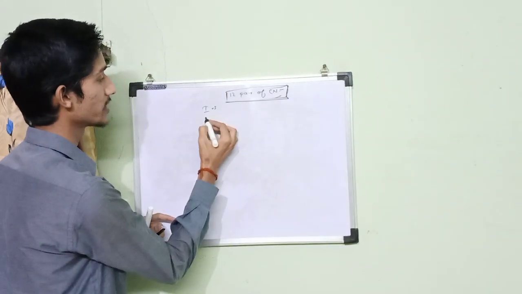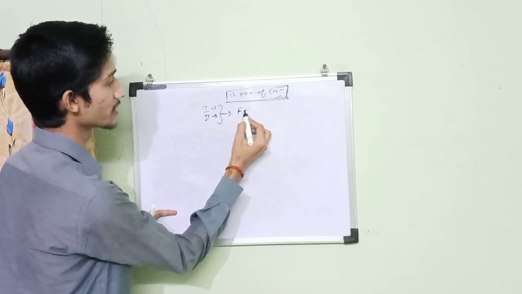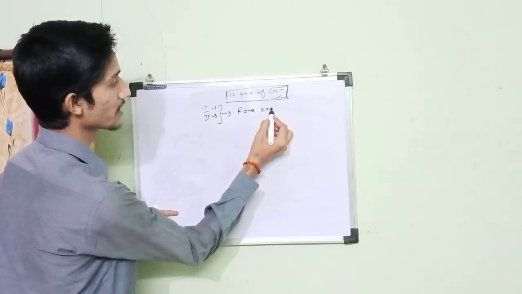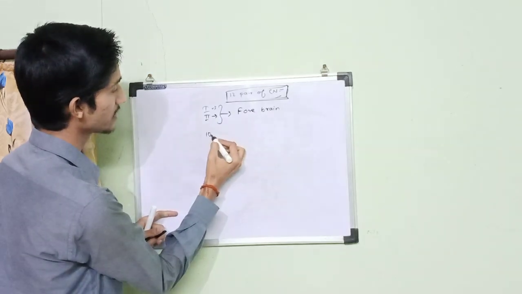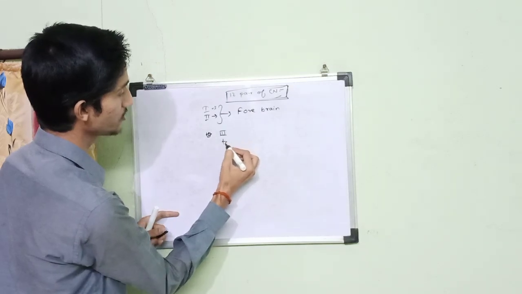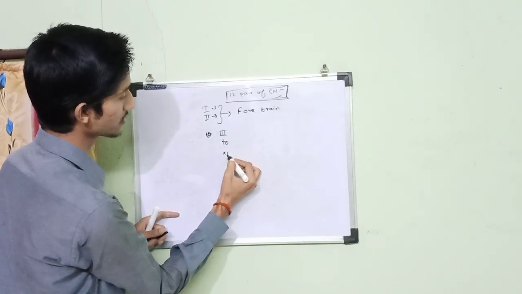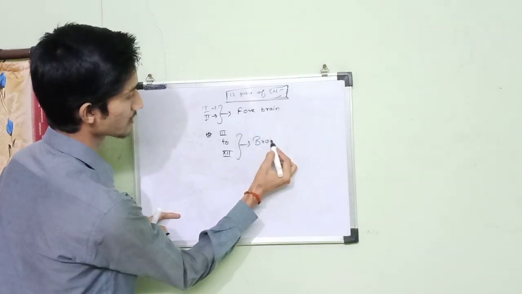Out of these 12 pairs, the first two cranial nerves arise from the forebrain. And the last 10 cranial nerves, 3rd to 12th, arise from the brain stem.